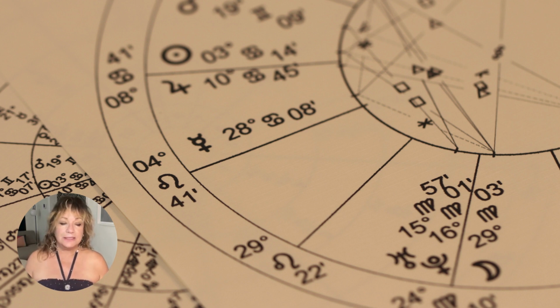If it is in an earth sign, then you're here to learn to be more grounded, practical, rational, problem solving. It depends on the house. So for instance, this is in the 11th house, this sun sign, that's the circle with the dot in the middle. And this person is here to learn to be more of a Cancer.